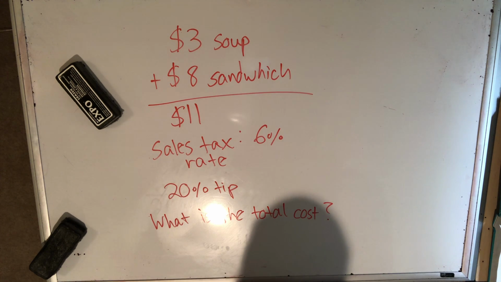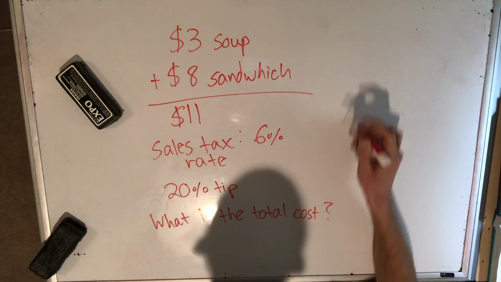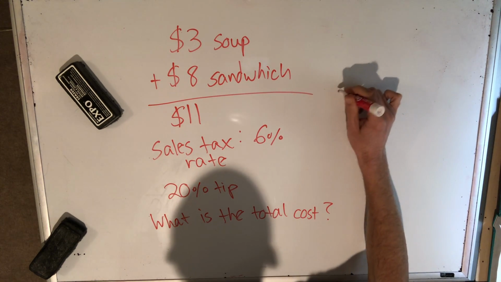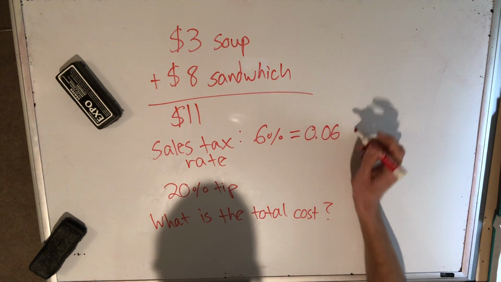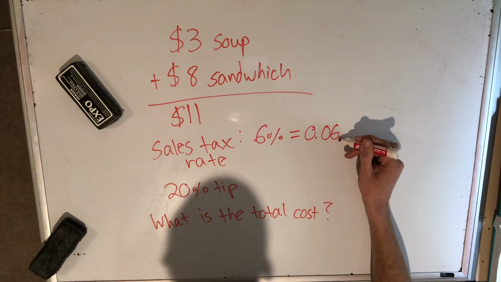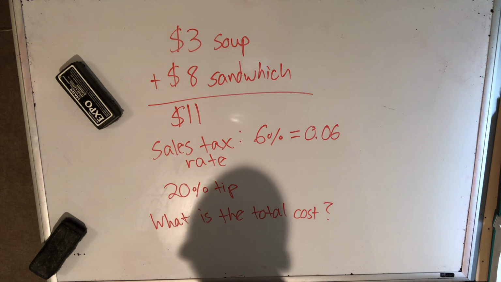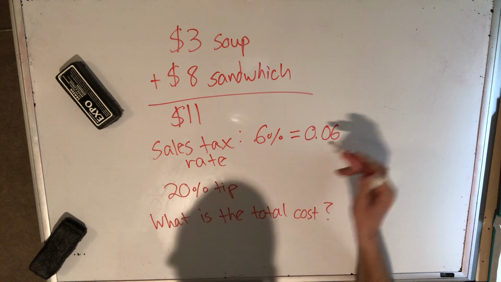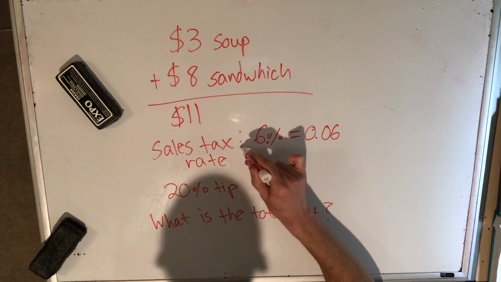So let's first find the sales tax. 6% of $11. 6% is equal to 0.06 because the second decimal place is the hundredths place, and percent tells you how many hundredths you have. So 6% is 6 hundredths, so put 6 in the hundredths place. Or just move the decimal point 2 places to the left to make it a decimal.